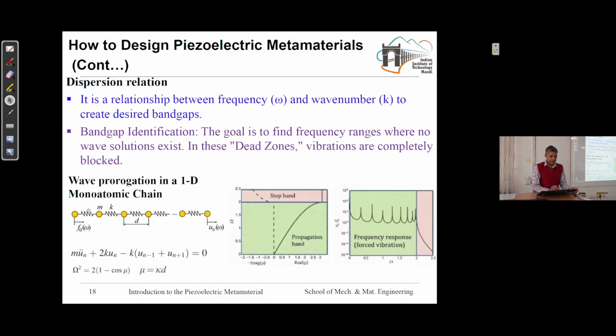This simple structure is a one-dimensional monoatomic chain, or we can assume a simple rod made of spring and mass, so mass and spring, mass and spring. We can assume that a rod is made of many springs and masses.